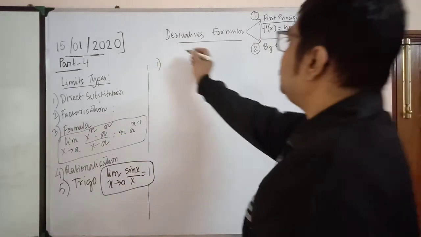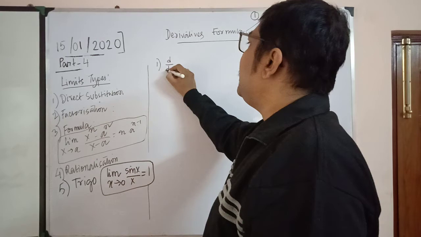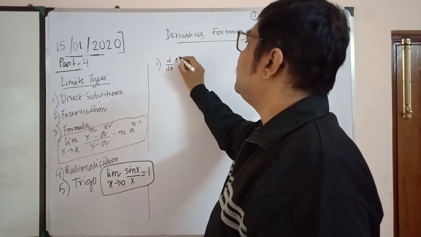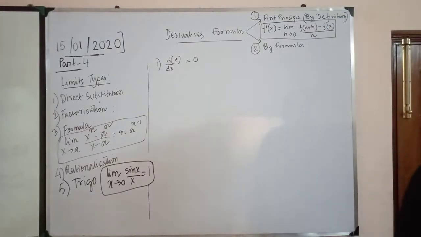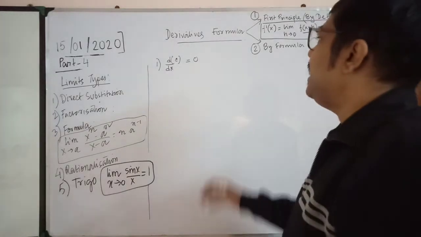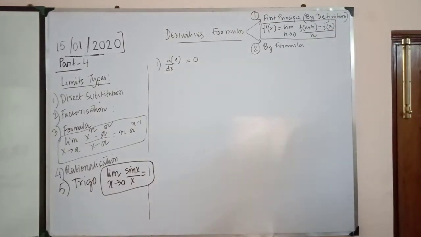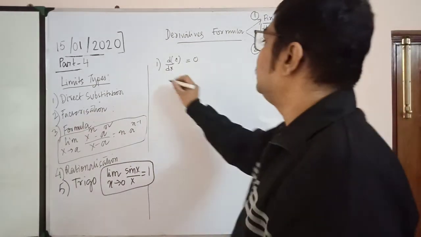Now, first thing is that d/dx of any constant is 0, because a constant does not change with time, there is no change. And derivative, as I told, is the determination of some rate. So the rate of change of c with respect to x will be 0.